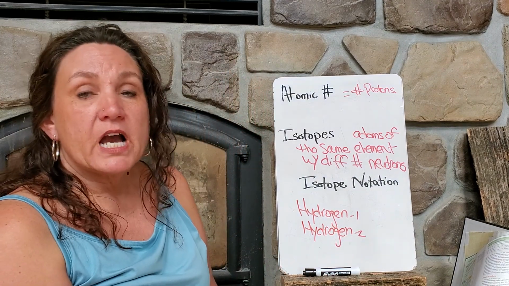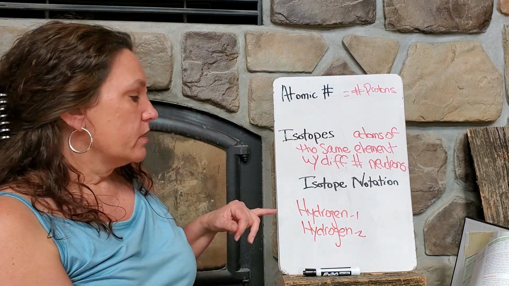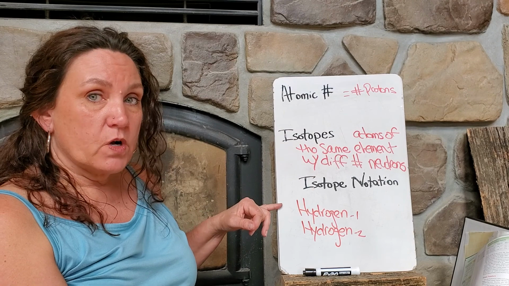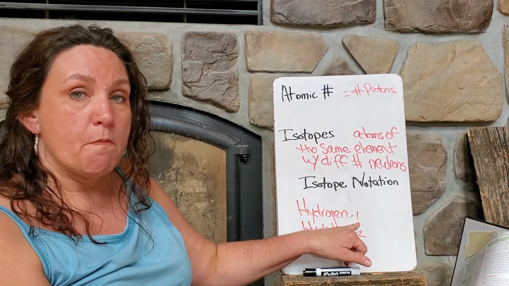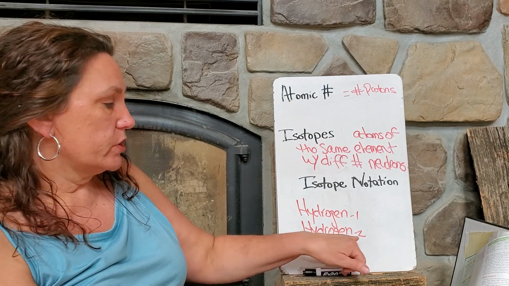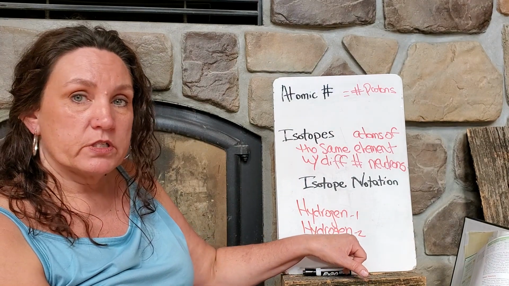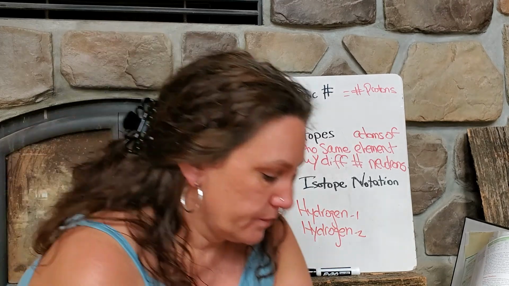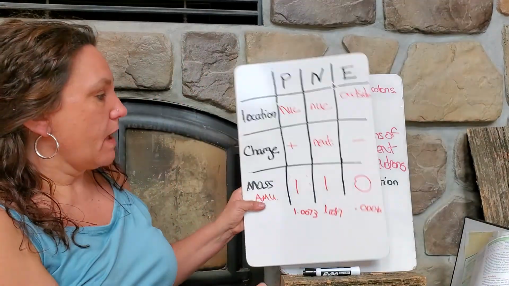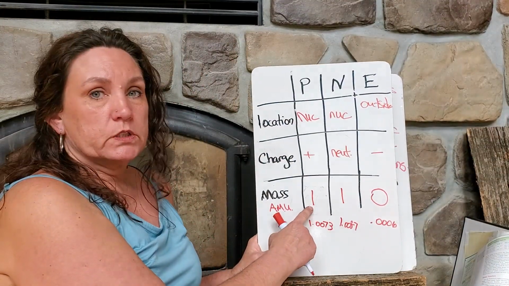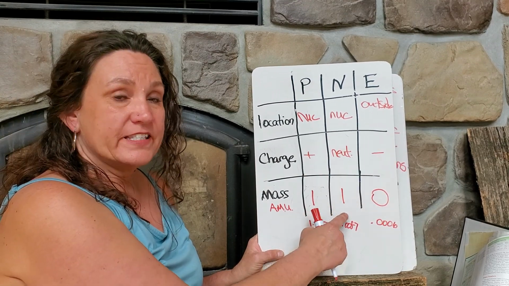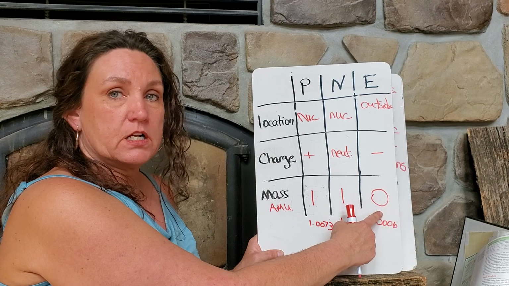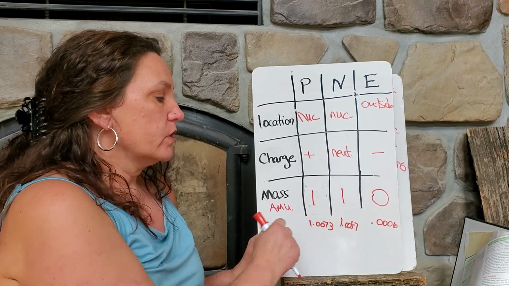Another one might be hydrogen-2. In hydrogen-1, this number represents the total mass. In hydrogen-2, this number again represents the total mass. Think back. Our mass is only our protons and our neutrons added together because we essentially said that electrons have no weight.